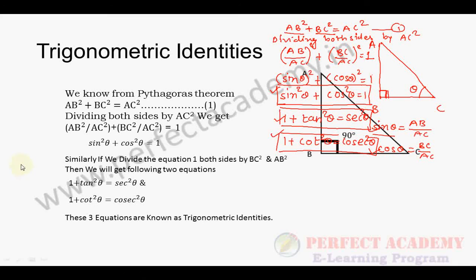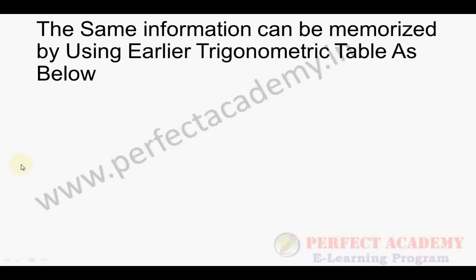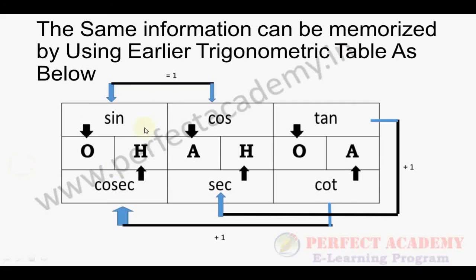Now, if I have to remember these three trigonometric identities, then I can use the earlier table itself, the table by which we have defined trigonometric ratios: OHA, HOA, sin, cos, tan, sec, cot, cosec. Now in this table, what I will do is I will just draw the arrow pointing towards sin as well as cos, which gives me sin square theta plus cos square theta is equal to 1.